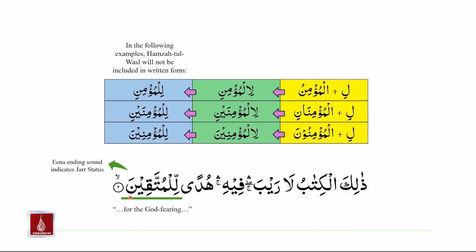Ina ending sound indicates jar status, and lil muttaqina can be translated as for the God-fearing. The meaning of for is coming from this lam harf jar at the beginning of lil muttaqina. And this lam harf jar is making al muttaqina majrur, and in the written text we do not see hamzatul wasl being written after lam harf jar.